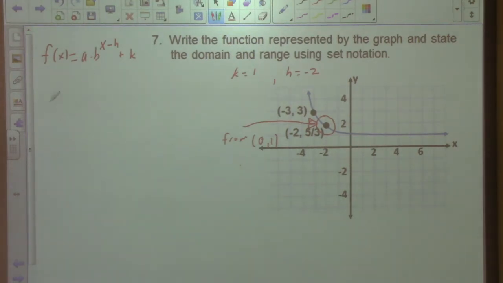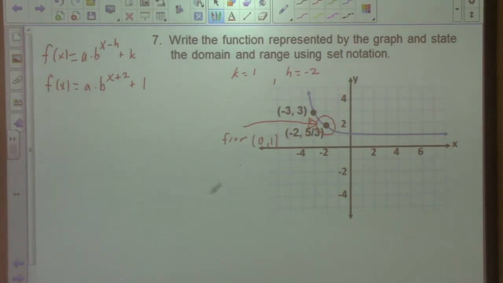And so that being the case, we can write what we have so far. f of x is equal to a times b to the x plus 2, and then we put over here plus 1. Questions on this so far?